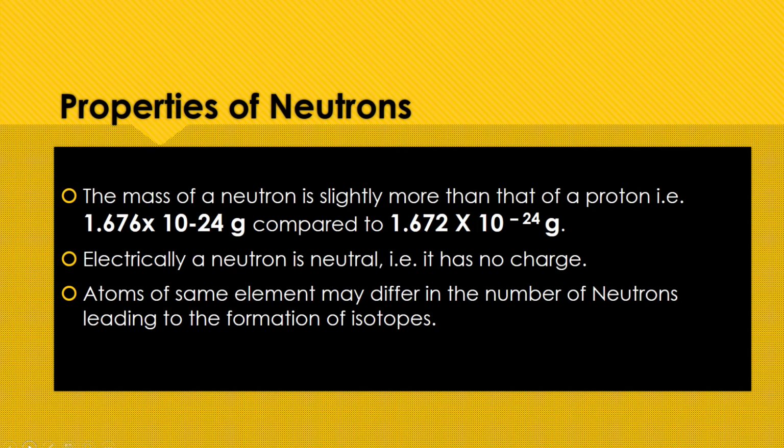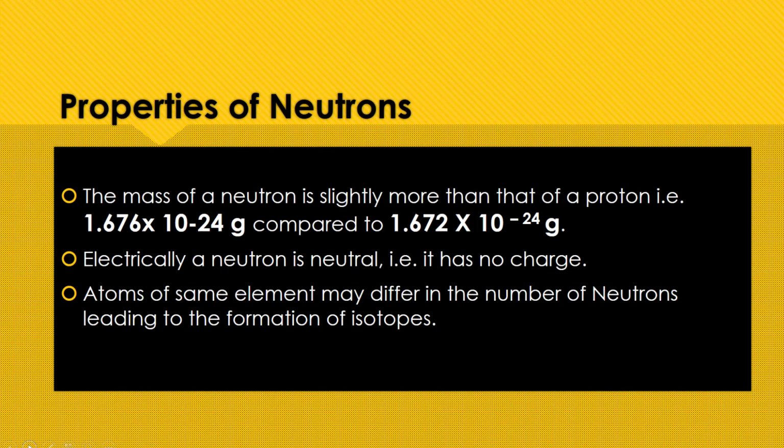Next, electrically, a neutron is neutral, that is, it has no charge. We already know that an atom is electrically neutral, with electrons negatively charged and protons positively charged. Also, many experiments and theories have proved that the neutron doesn't contain any charge. It is neutral.